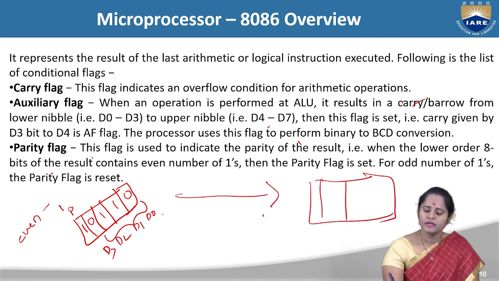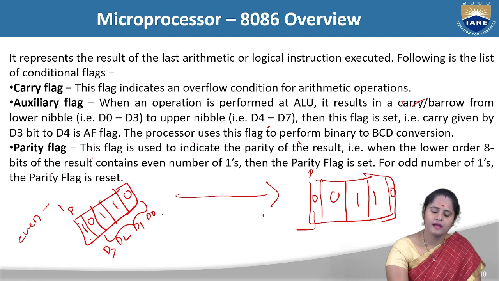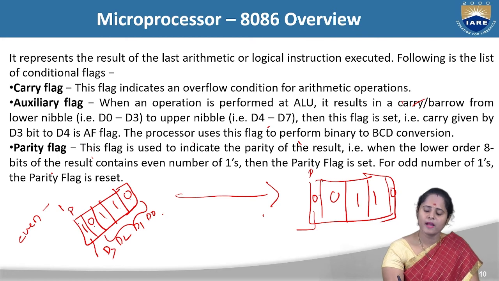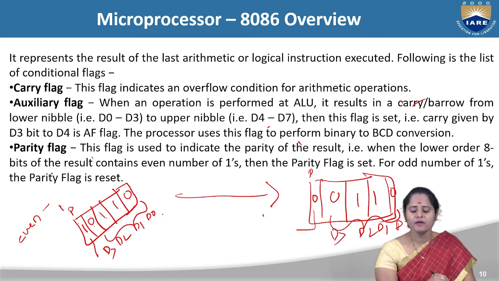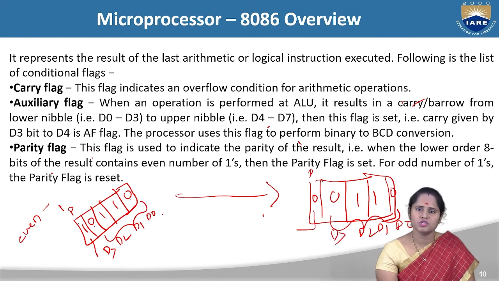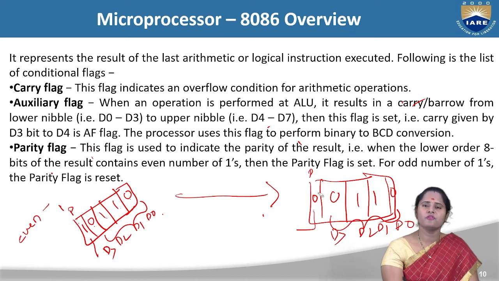When I have transmitted my data to the other end, the parity bit has been changed to 0, in case. It indicates that actually I need to send my data 0110, but the parity bit is indicating 0. It means some data bit, it may be D0 or D1 or D2 or D3, has been changed. Any of the bits has been changed. That is why my parity bit has changed from 1 to 0.